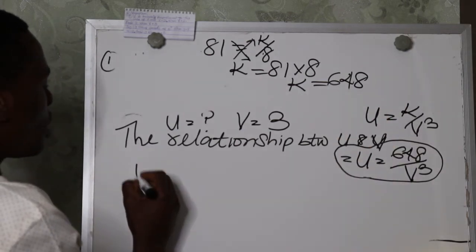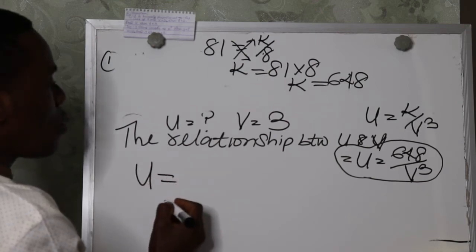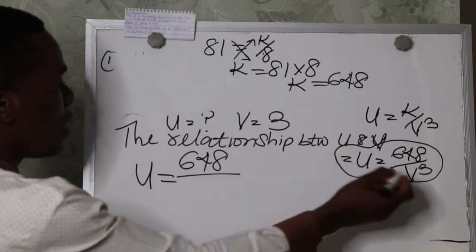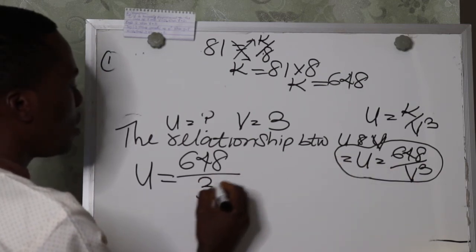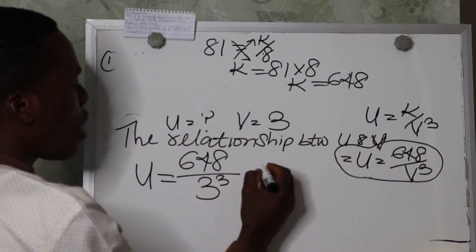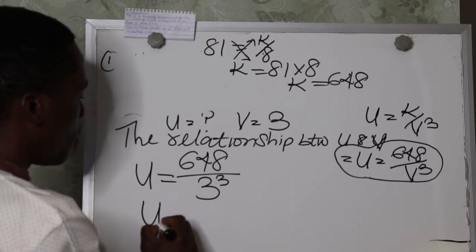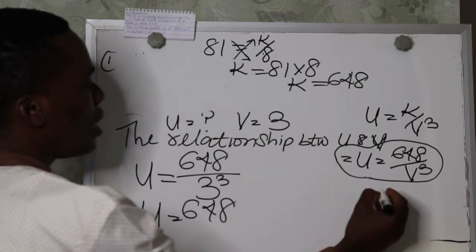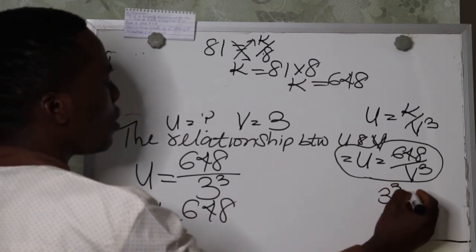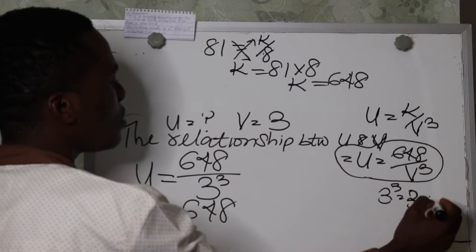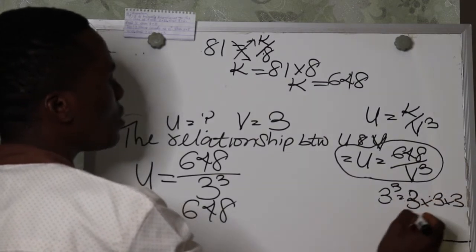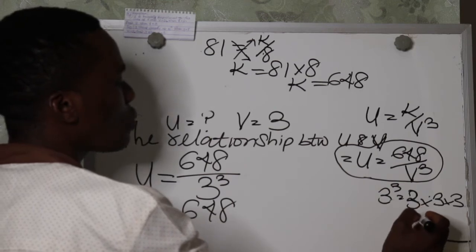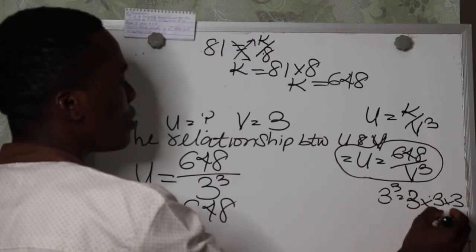Our u now will be equal to, that's the value we are looking for, 648 divided by v raised to power 3, which will now be 3 raised to power 3. So our u will be equal to 648 divided by 3 raised to power 3, which is equal to 3 times 3 times 3. 3 times 3 will give us 9. 9 times 3 will give us 27.